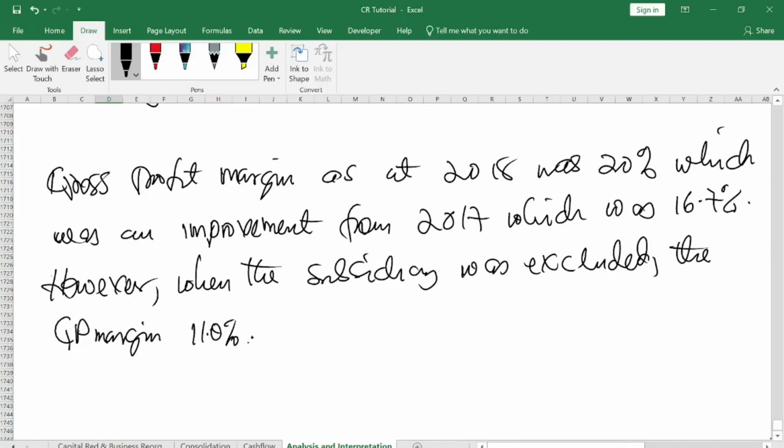You understand? So when you remove the subsidiary, it has reduced to 11%. So have you seen that?